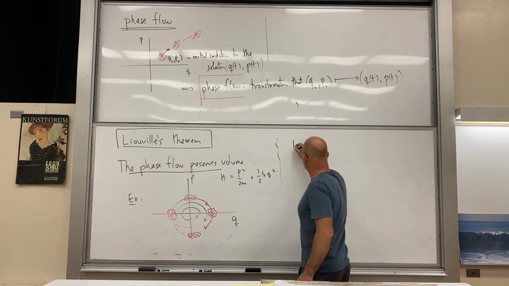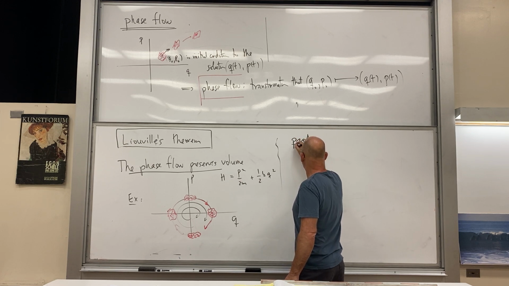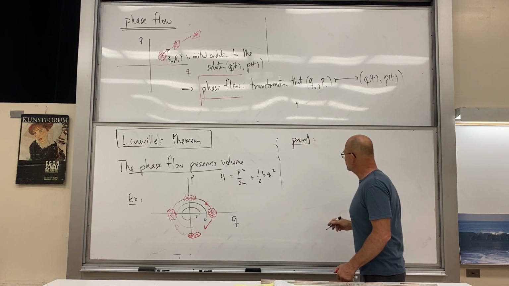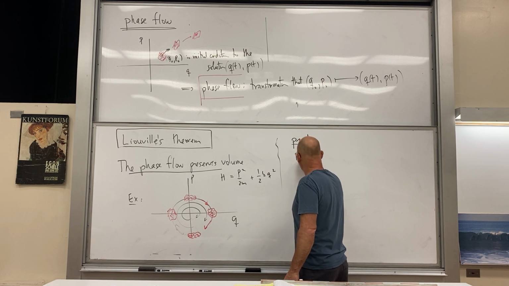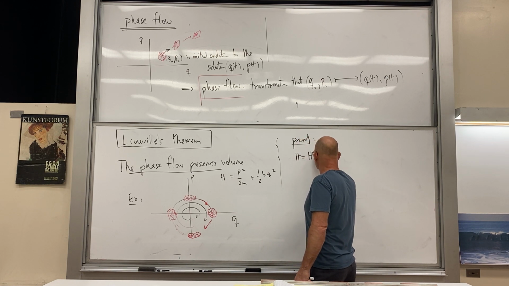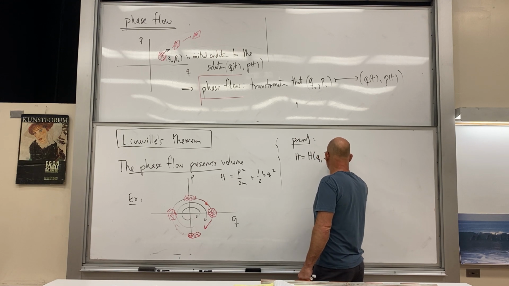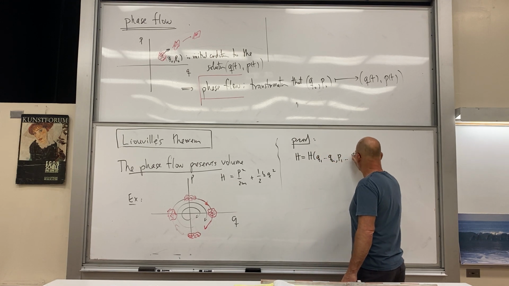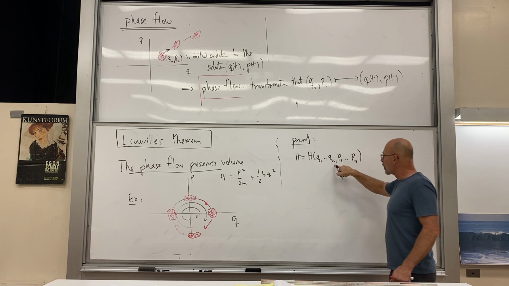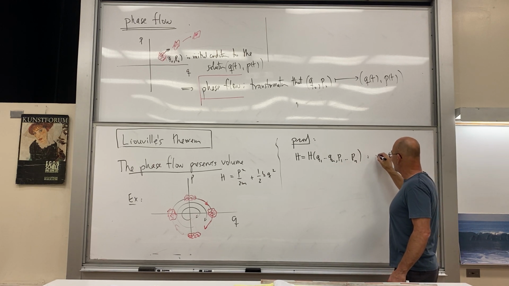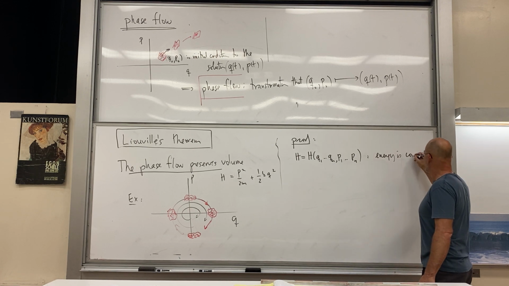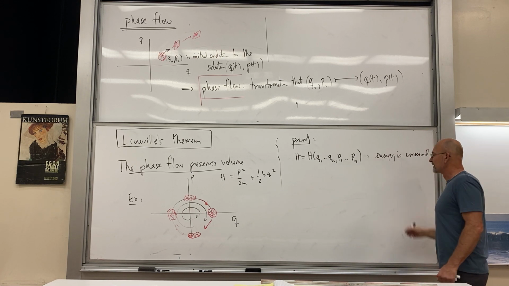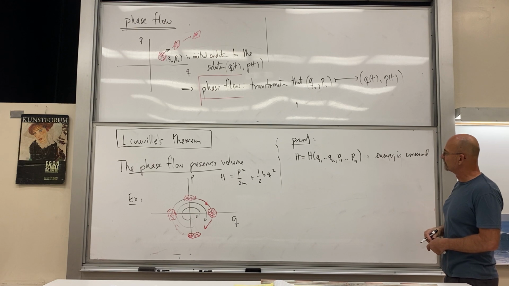So the proof. We have H equals H of Q1 to Qn, P1 to Pn. No time dependence, energy is conserved. That's the kind of system we're talking about.